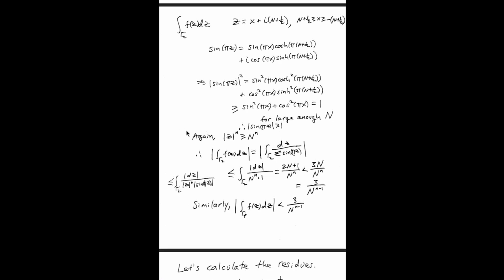Therefore, we can say the absolute value of the integral over gamma 2 of f dz equals the absolute value of the integral over gamma 2 of dz over z to the n sine of pi z, as before. Bringing the absolute values inside, this is less than or equal to the integral over gamma 2 of absolute dz over absolute z to the n times absolute sine of pi z.